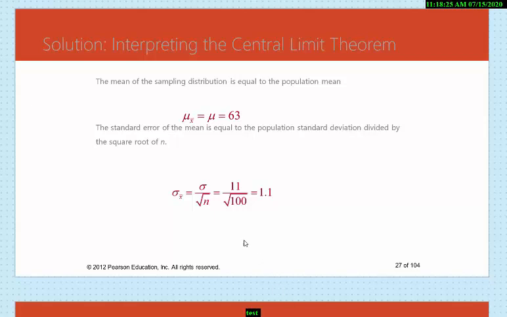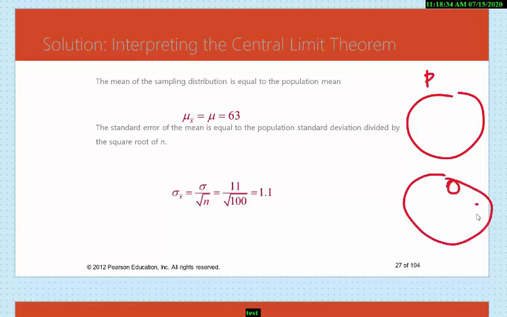What we do is that we have information for the population, and we are taking a sampling distribution, and each one of these samples has size 100. This is what we know. But we know that the population has a mean equal to 63, and we know that the standard deviation of the population is 11.